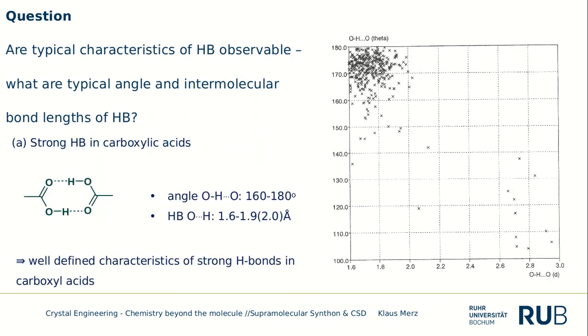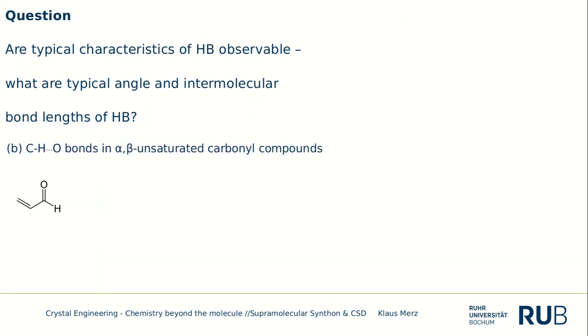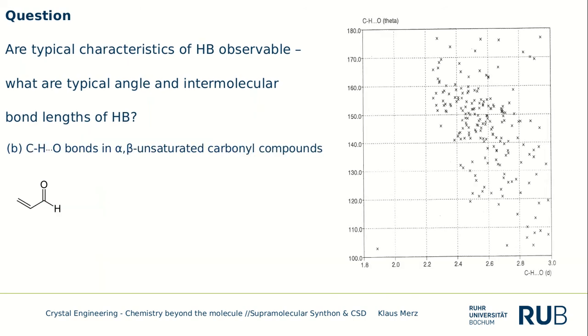Going back here, strong, and here in the case of this weak. The angles 100 to 180, no narrow region, a wide region, and the bond lengths in the region 2.2 to 3.0.